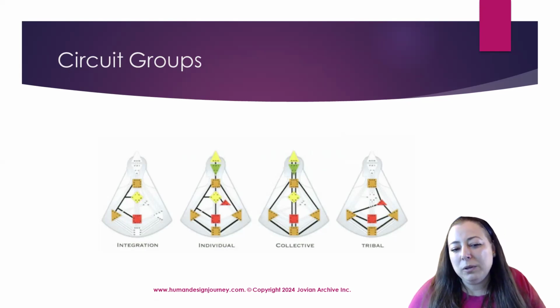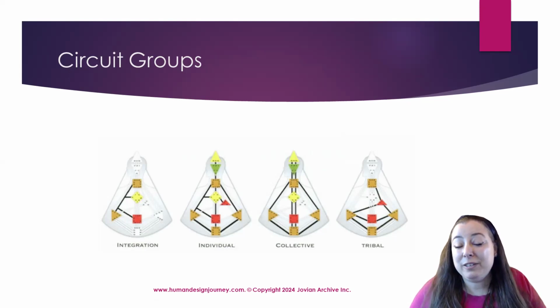So you will rarely have, or let me not say rarely, but usually a person is a combination of different energies. Even if you don't have the whole channel, you will have different gates from the different circuit groups.